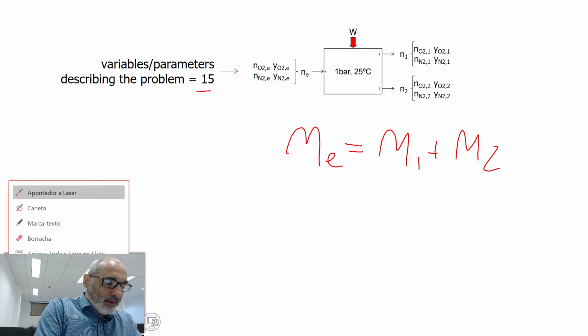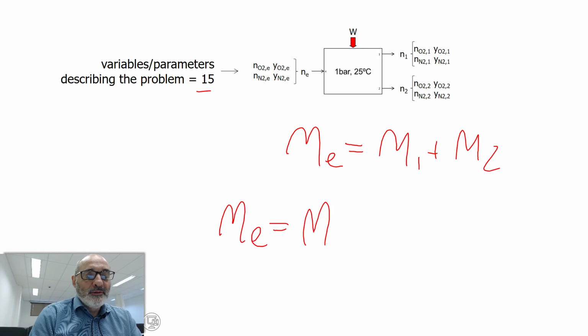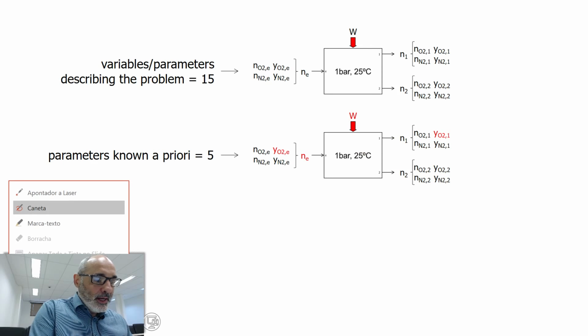It is obvious that the total molar flow rate at E is equal to the molar flow rate of O2 plus the molar flow rate of nitrogen. So I have all these simple equations that we're going to use in addition to the exergy equation that we got, the equation that calculates for us the minimum amount of work. So let's move on.